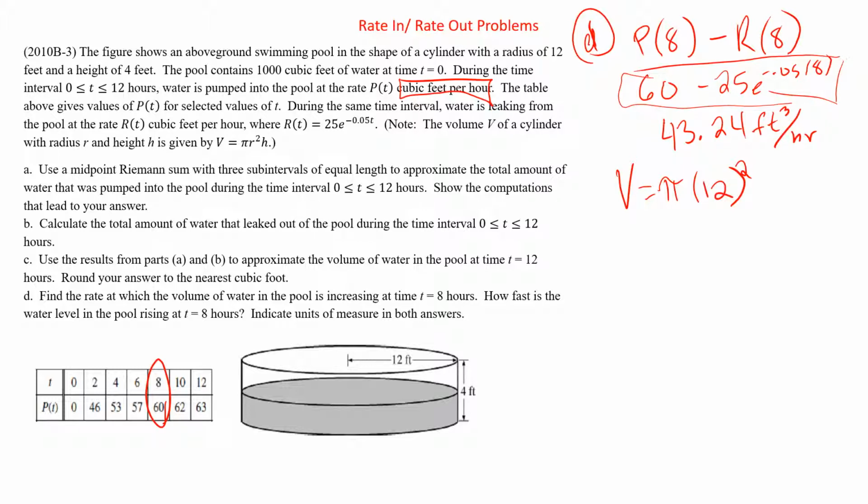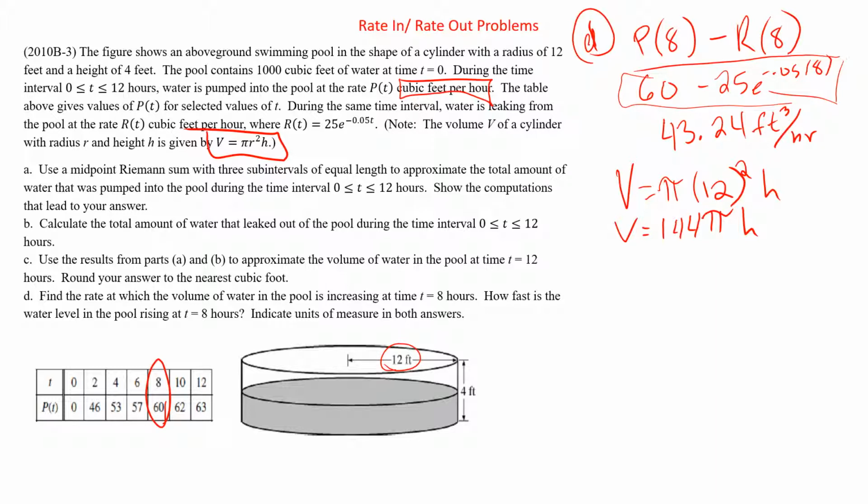R is just 12 feet, so we're using the volume of a cylinder. R squared is just 12 squared, that's a constant. We can plug in the 12 there, which means the volume equals 144 pi times h.